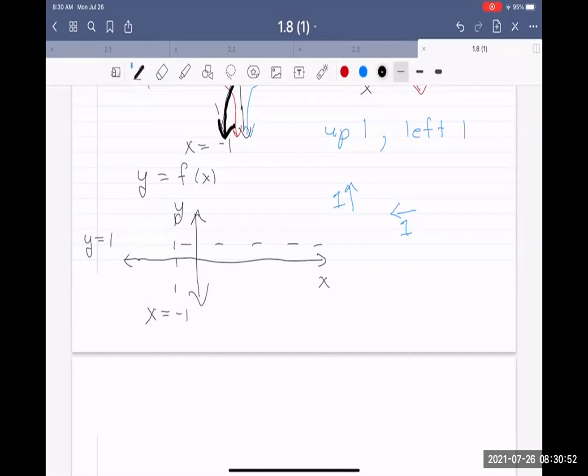It looks something like this and like this, and this is y equals 1, x equals -1. So this is a graph of y equals f of x. So it has this removable discontinuity at 1.